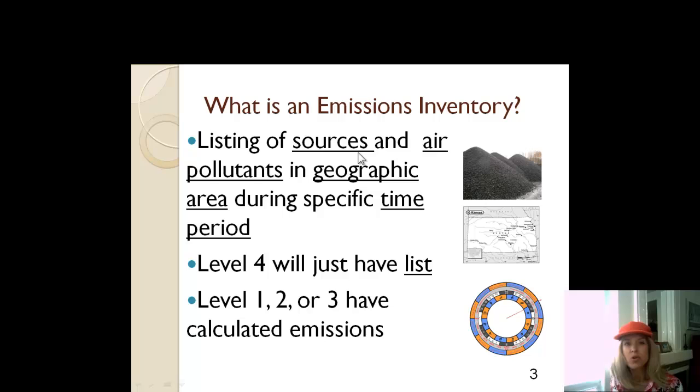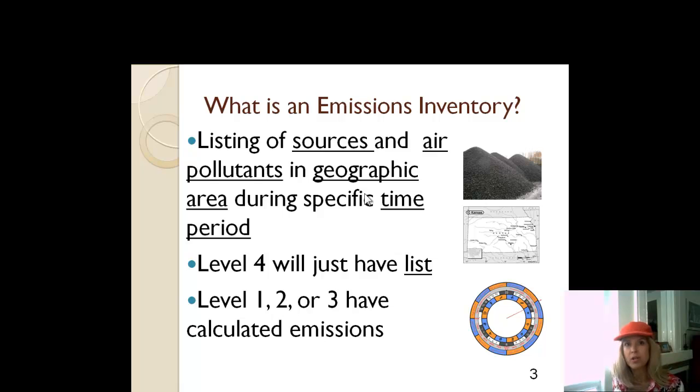An emissions inventory is basically a snapshot in time. So over a year period is the usual time period, and for a specific area, and that could include a buffer zone outside your tribal boundary, because obviously sources outside the tribal boundary affect the air quality over the tribal land.